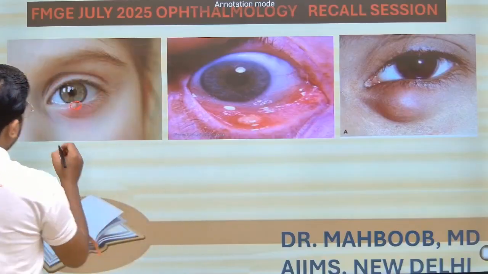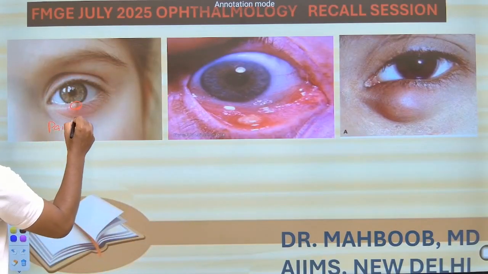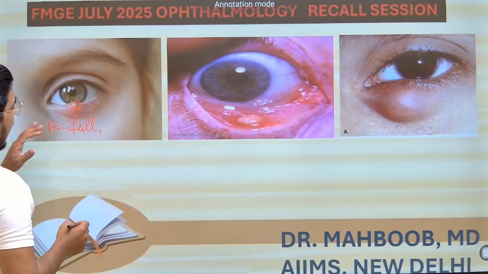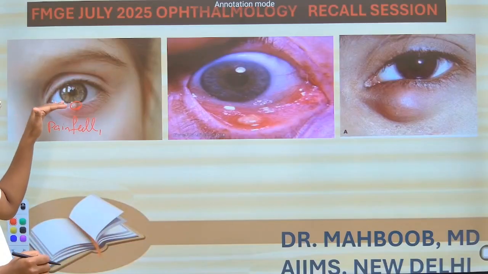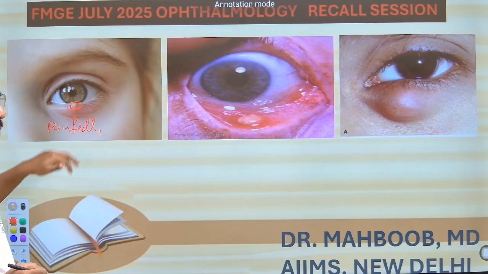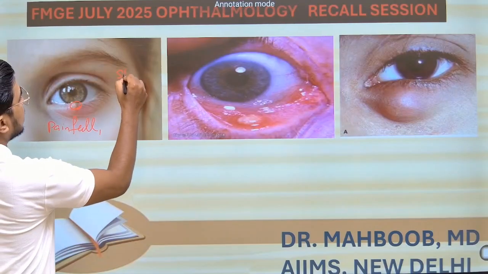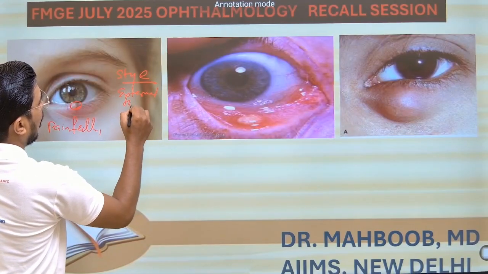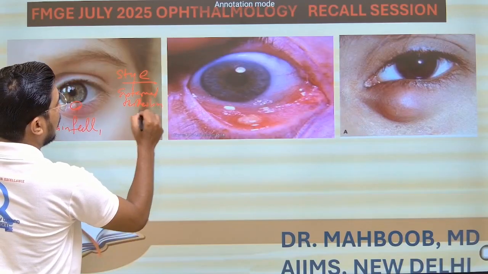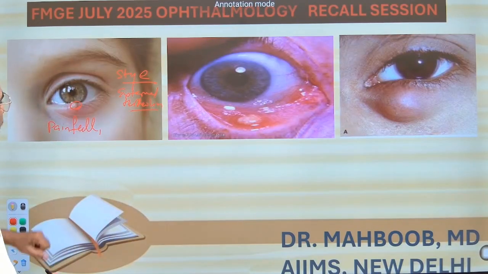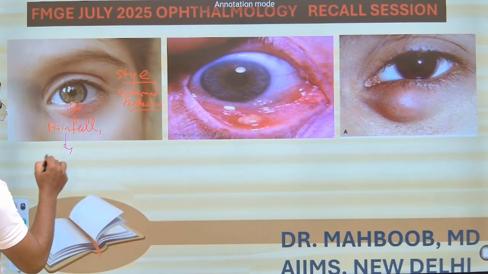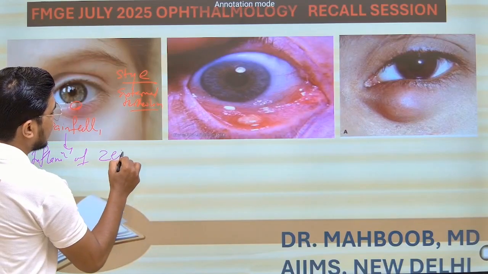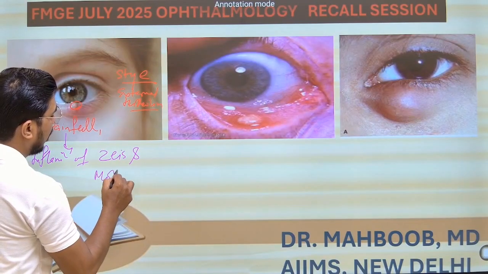So this is painful swelling of the eyelid with a pus point at the lid margin. This is called stye or external hordeolum. This is painful and is because of inflammation of Zeis and Moll's glands.